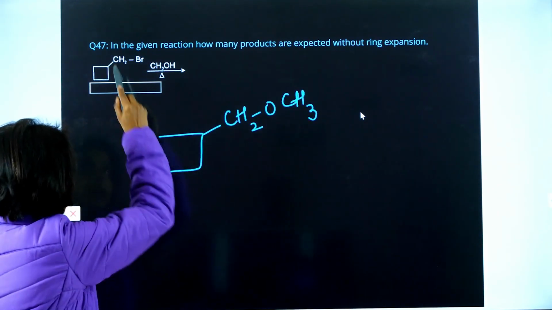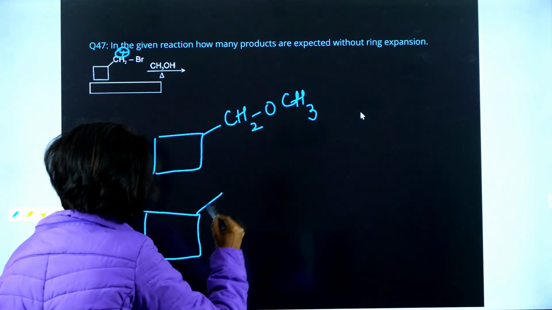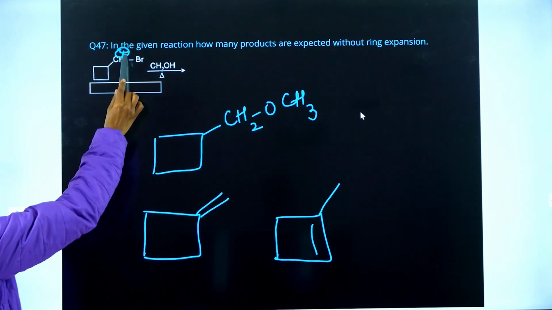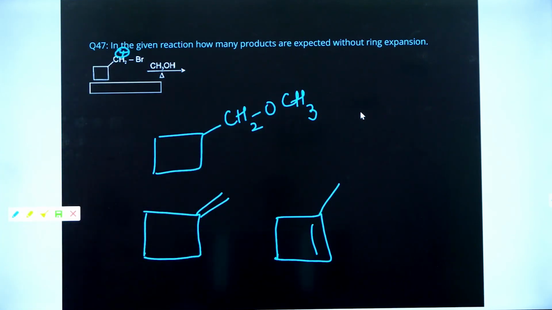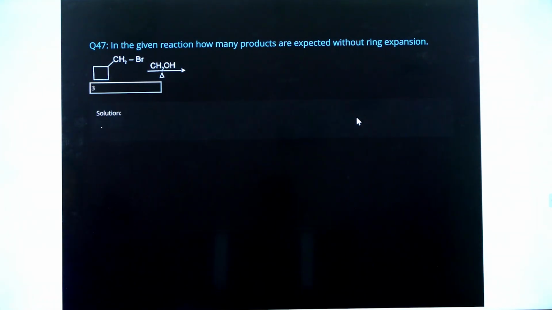For another two, here there will be a carbocation which can rearrange because heat is there. It can rearrange from 2 degree to 3 degree, or 1 degree to 3 degree carbocation. It can rearrange and form the substitution product. Right? Got it? So these are the products being formed here. The total products without ring expansion will be 3.